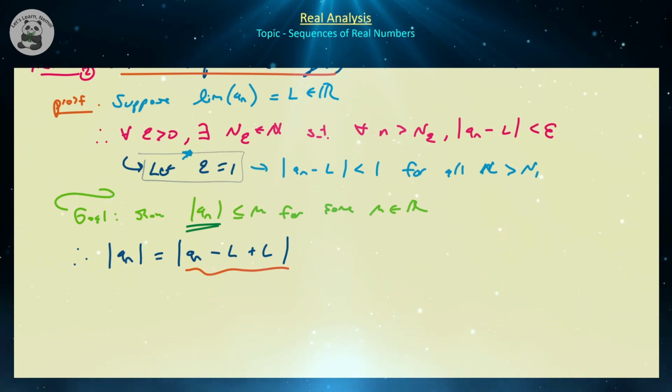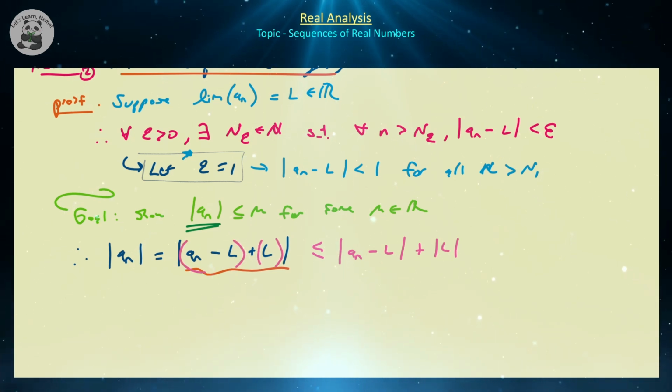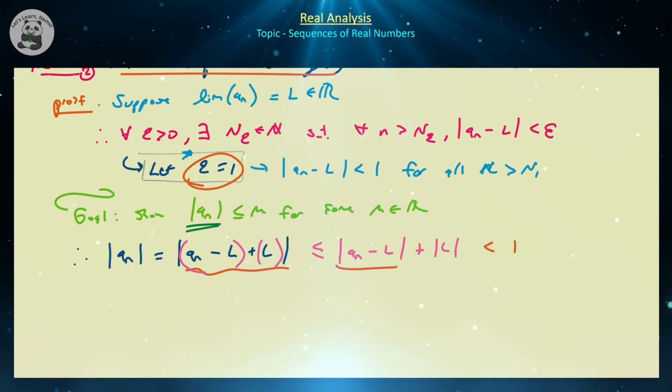So by the triangle inequality, we know that this is less than or equal to the absolute value of a_n minus L plus the absolute value of L, because that's a real number too. Right? So by the choice of our epsilon, we know that this is less than 1. So that means this is less than 1 plus the absolute value of L.